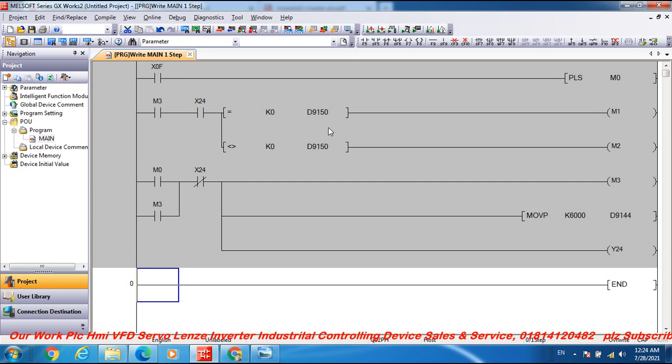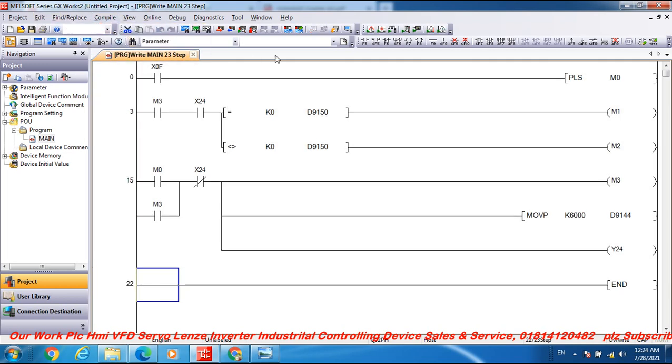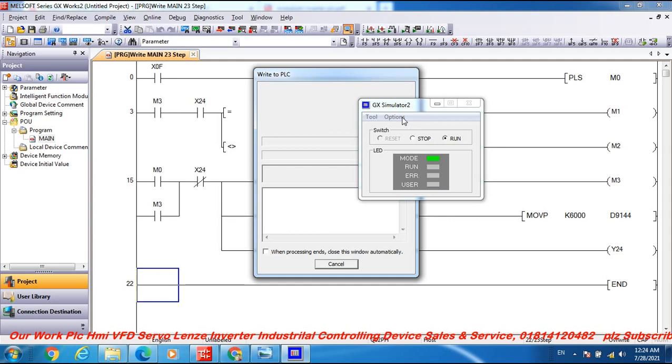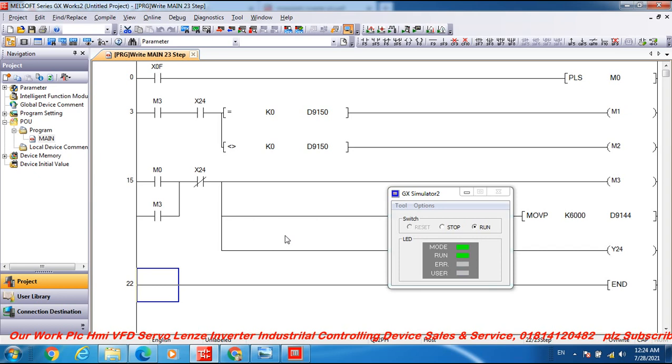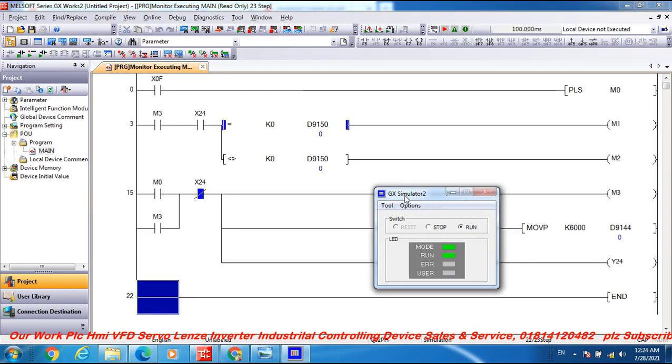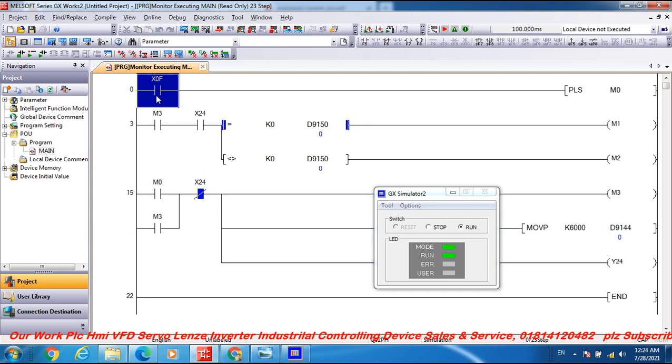And complete my program and go to the compile and start stop simulation on. Frequency is 0. Now I start. Frequency is 6000, means 16 hertz frequency. Inverter is running.